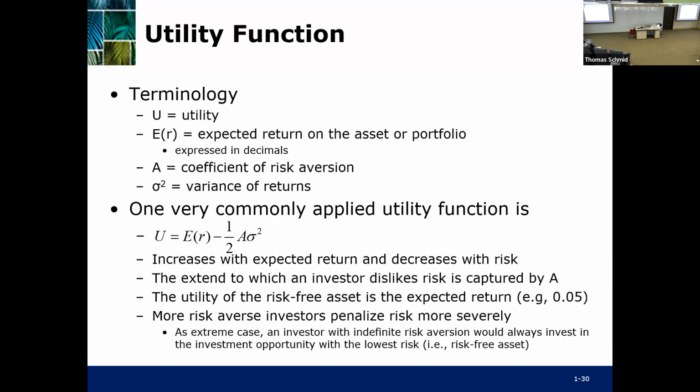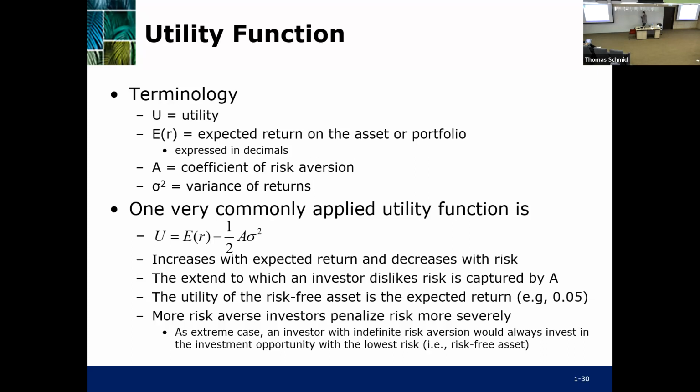And the most extreme case is the risk-loving investor. For the risk-loving investor, we would have a negative A, a negative coefficient of risk aversion, and for this investor, the utility would actually increase with risk, because this investor likes the thrill of the risk, so the utility is higher if there is more risk. Okay?